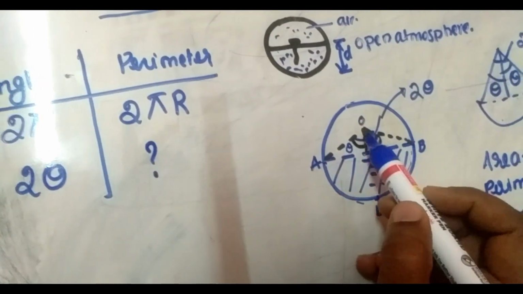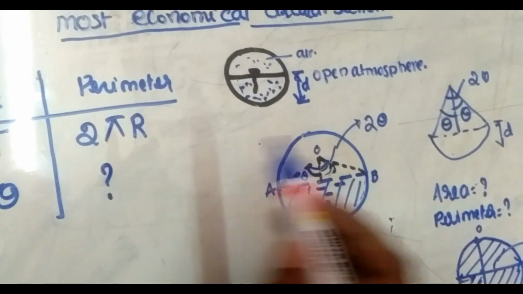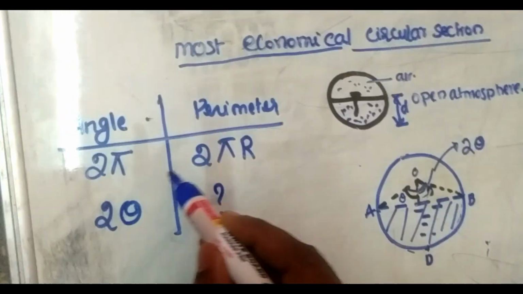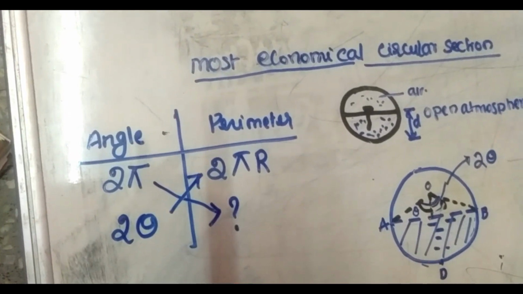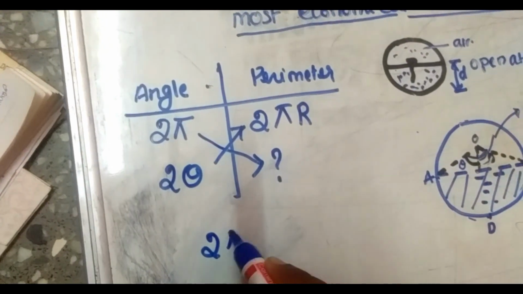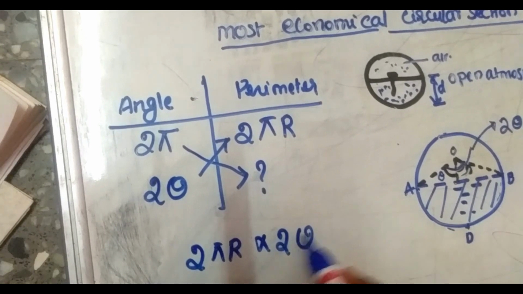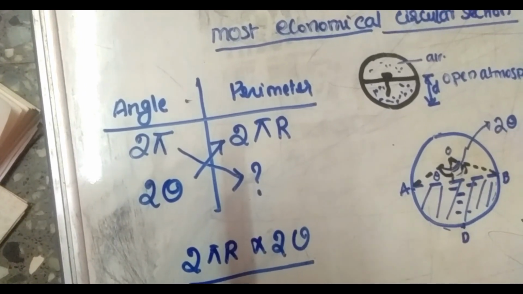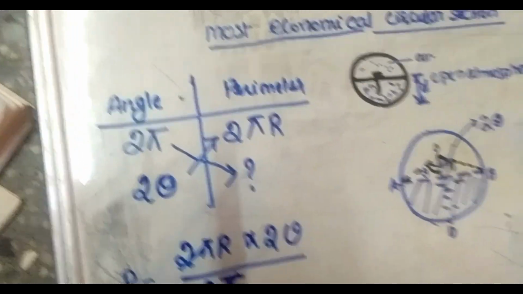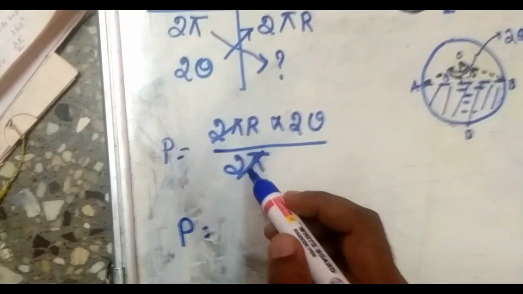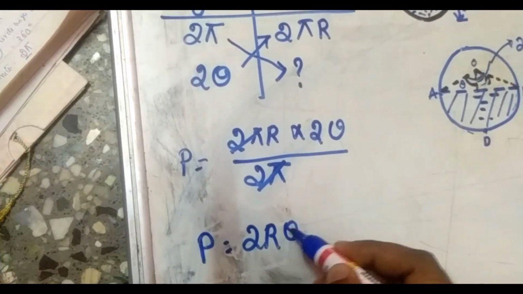This surface is creating angle 2 theta, so how do we calculate it? By cross multiplication: 2 pi r into 2 theta divided by 2 pi, the 2 pi cancels. So the perimeter of this is 2 r theta.